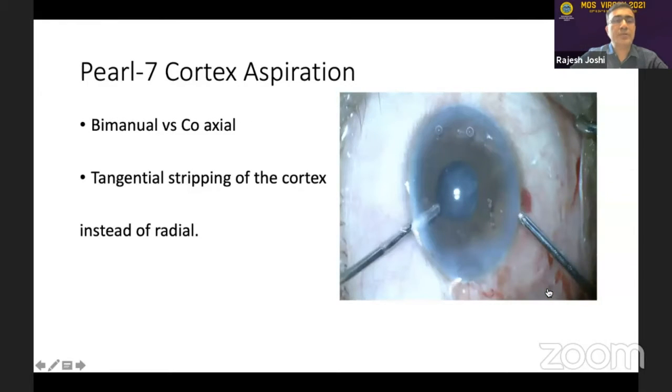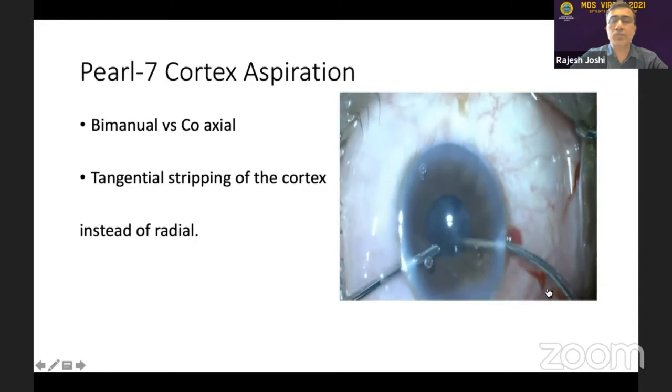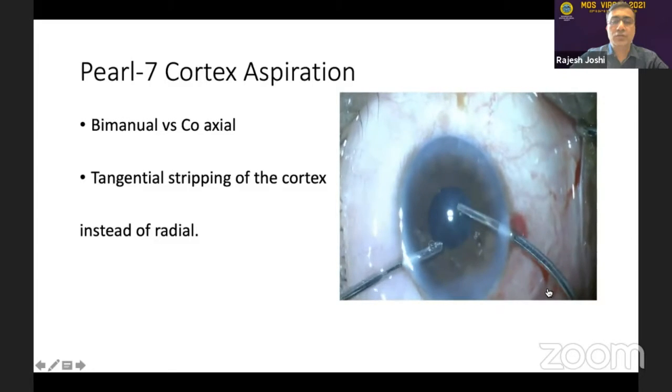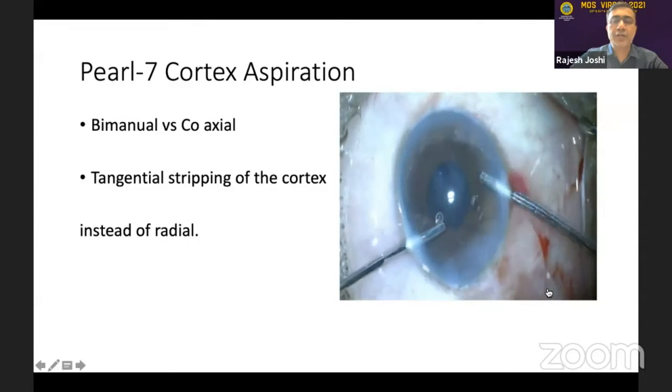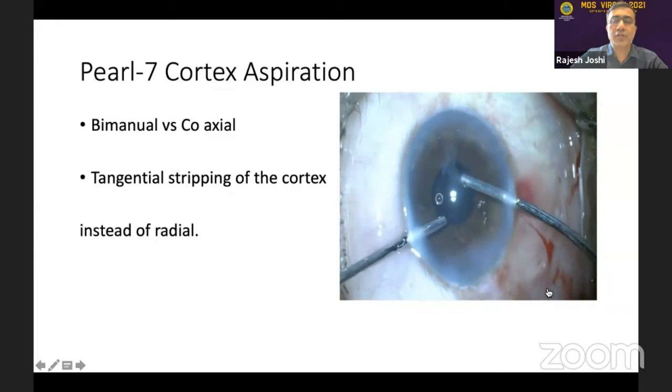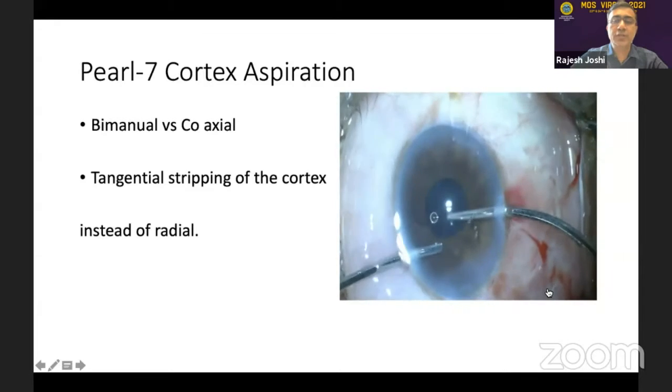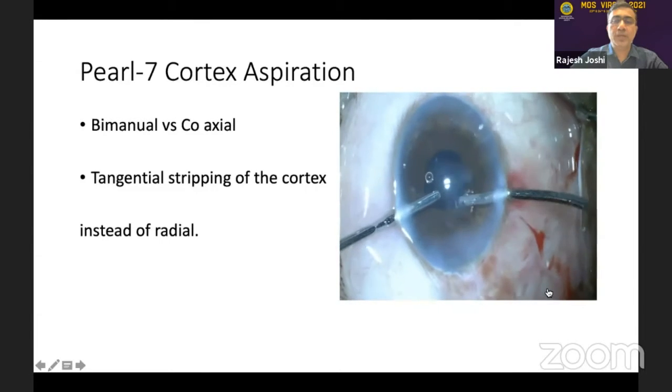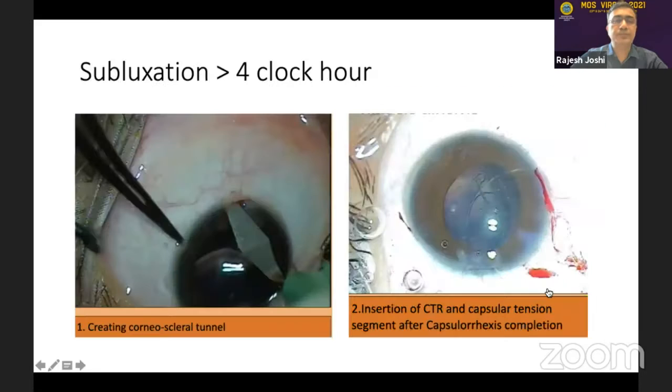Cortex aspiration: bimanual irrigation and aspiration versus coaxial. Use tangential stripping of the cortex instead of radial. So instead of going for radial removal of the cortex, you should tangentially sweep the aspiration probe and then remove the cortex.